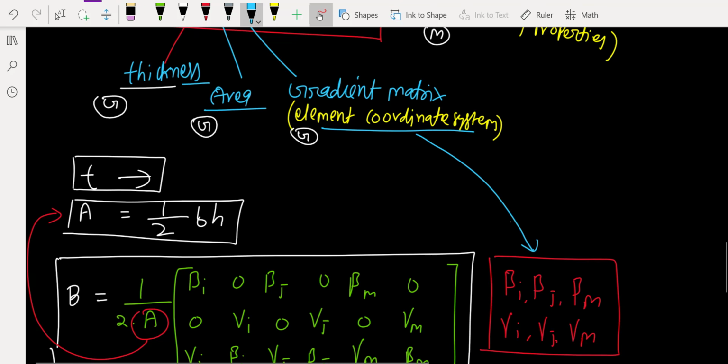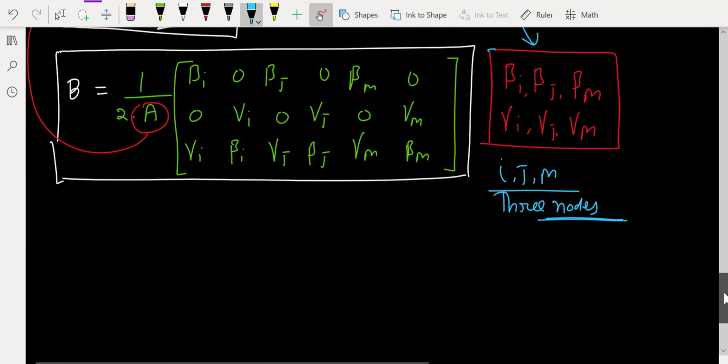When we do the numerical, we will explicitly write the expressions for beta and gamma, because this is known information. It comes from a derivation and is standard. It does not depend on any other information, only on the coordinates.